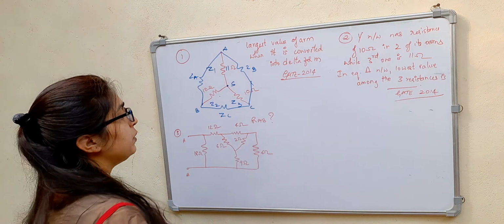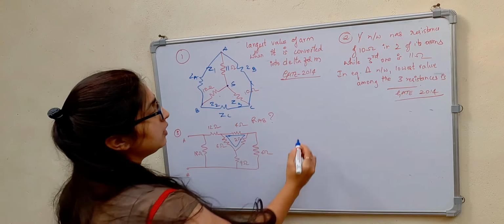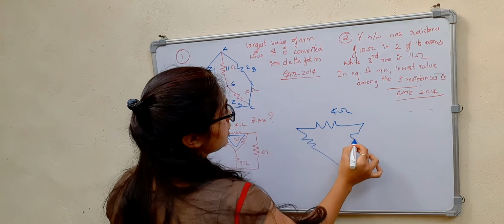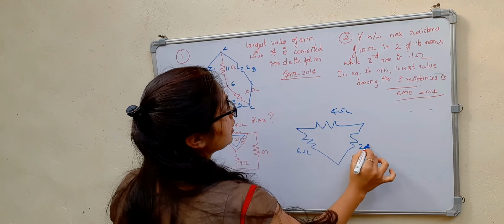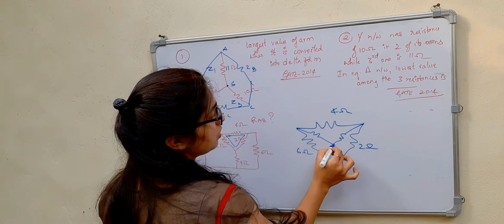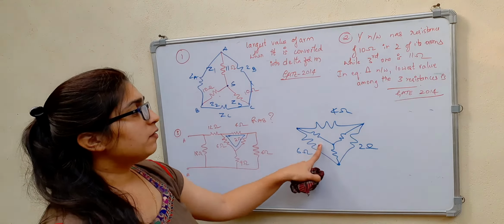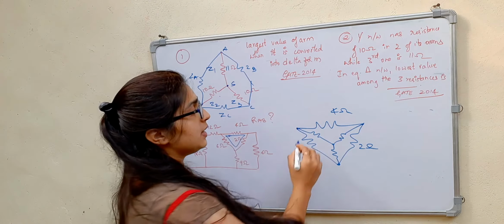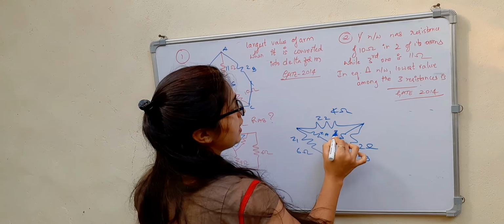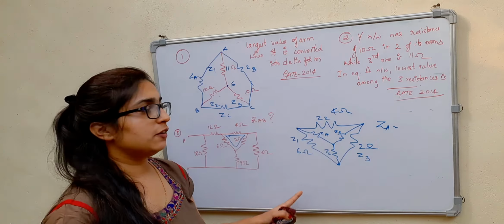So what I will do is, I will consider this delta, that is 4 ohm, 6 ohm and 2 ohm. I will convert this to star. See, what will be the value of this star? If this is Z1, Z2 and Z3, and this is ZA, ZB and ZC, you know the formula for the conversion.